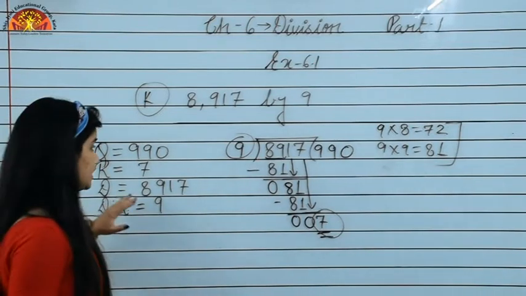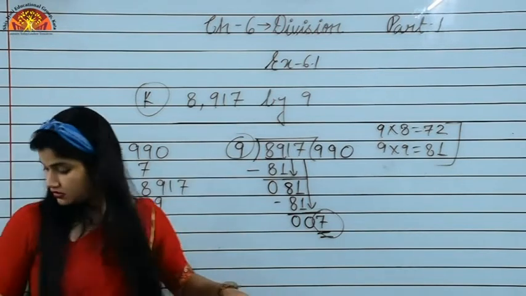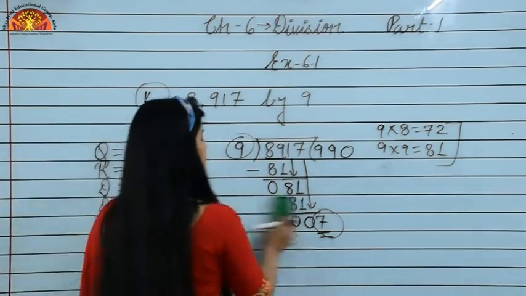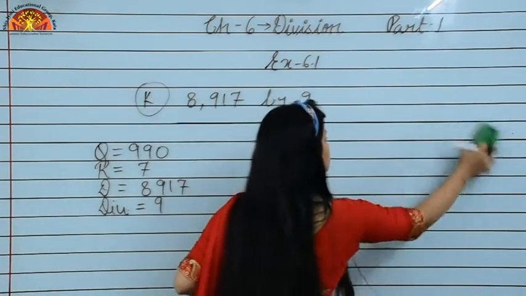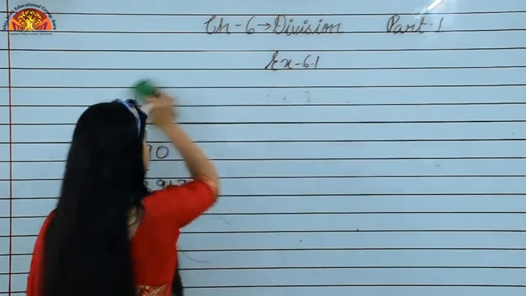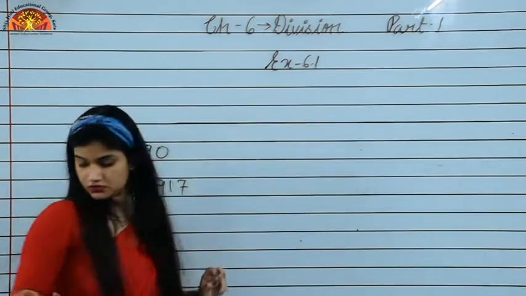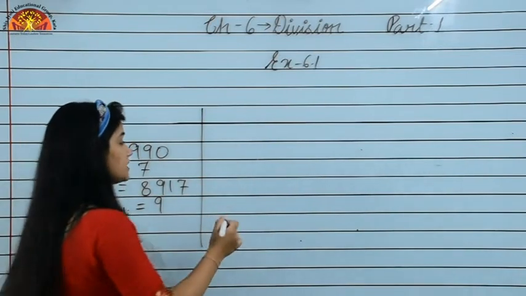Now the question is you have to divide and you have to check your answer. Now we have to check whether this answer is correct or not. So students, to check an answer we have a formula. Now what is the formula?